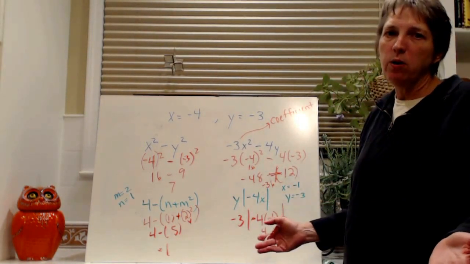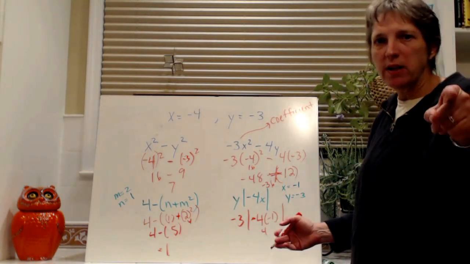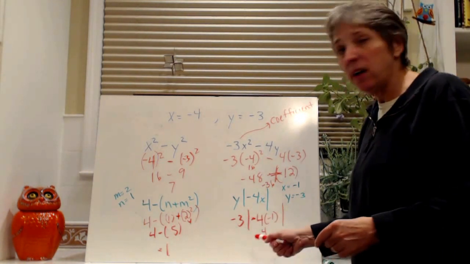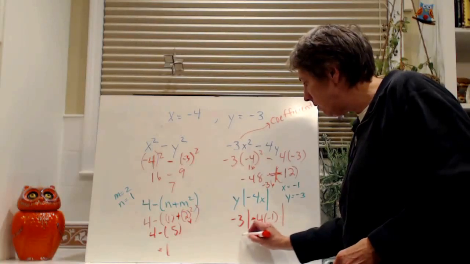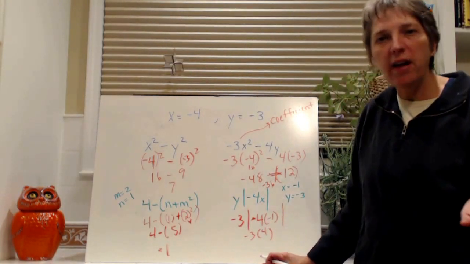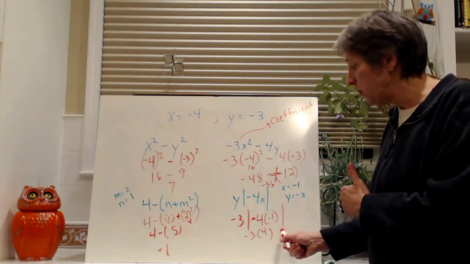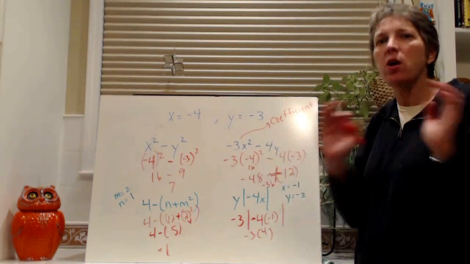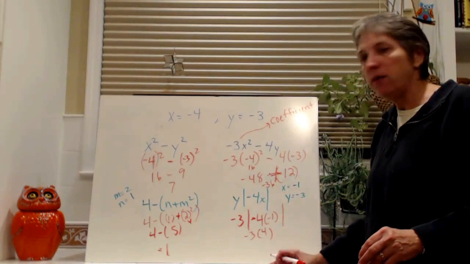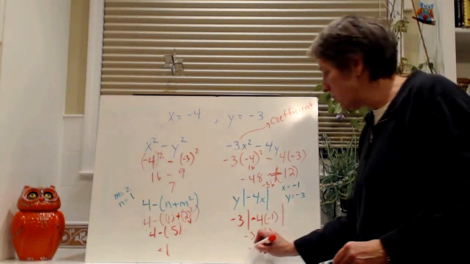Well, the absolute value of 4 is, that's right, 4. And then we have -3, and we're going to take it out and show that we've evaluated the inside of the absolute value. We've dropped the vertical bars, replaced it with parentheses, so everybody knows that we're done with the absolute value. And -3 times 4 is -12.